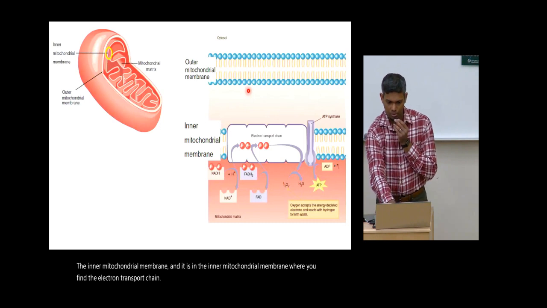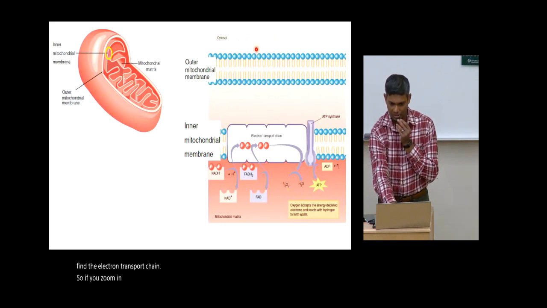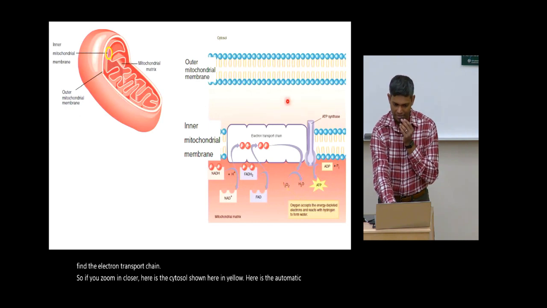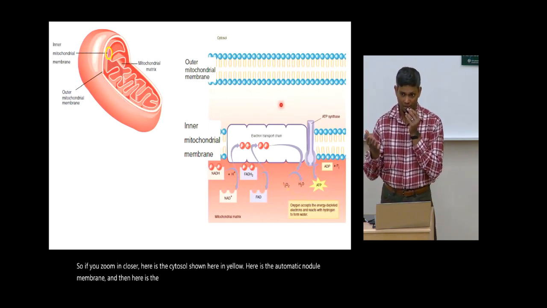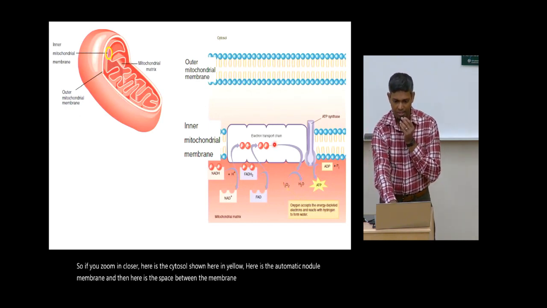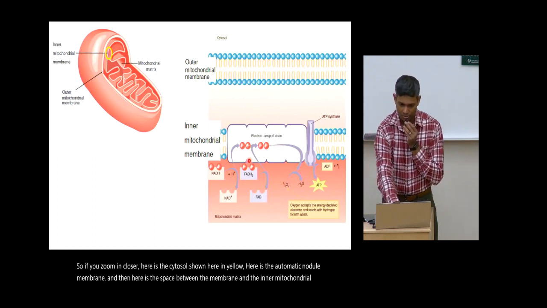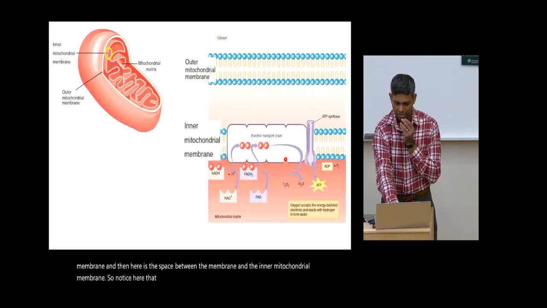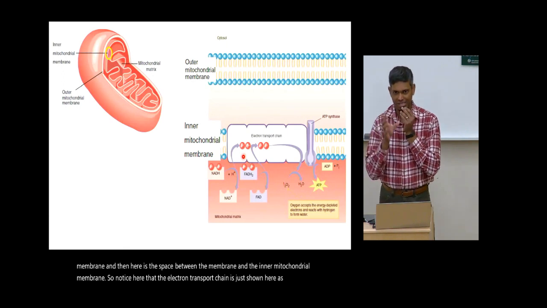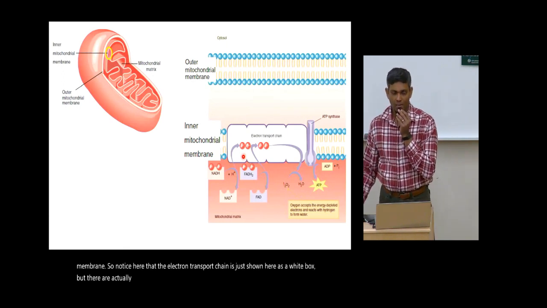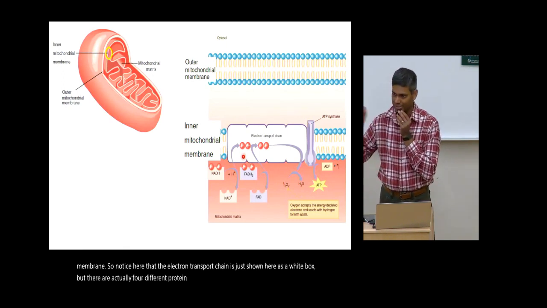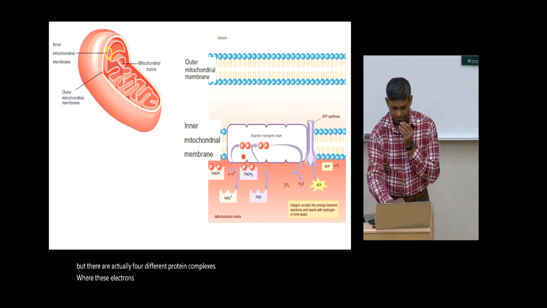So if you zoom in closer, here's the cytosol shown here in yellow, here's the outer mitochondrial membrane, and then here's the space between the outer mitochondrial membrane and the inner mitochondrial membrane. So notice here that the electron transport chain is just shown here as a white box, but there are actually four different protein complexes where these electrons will be transported.